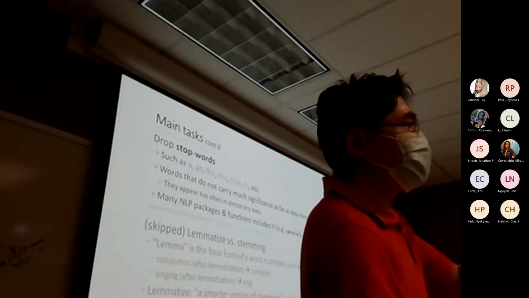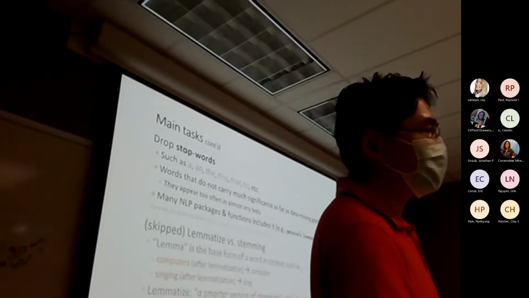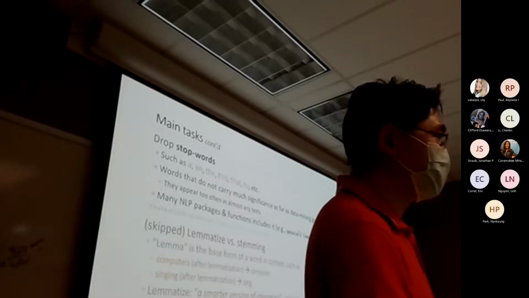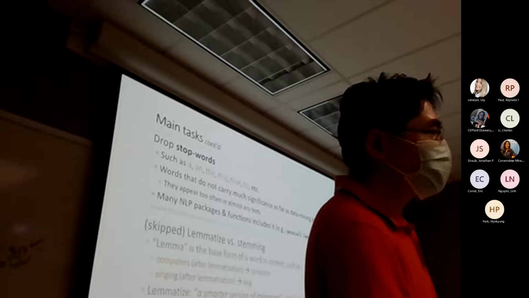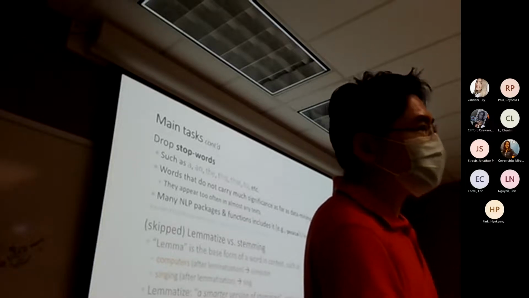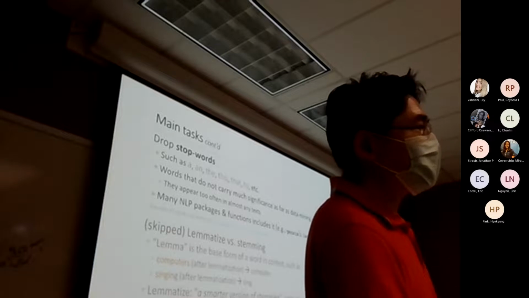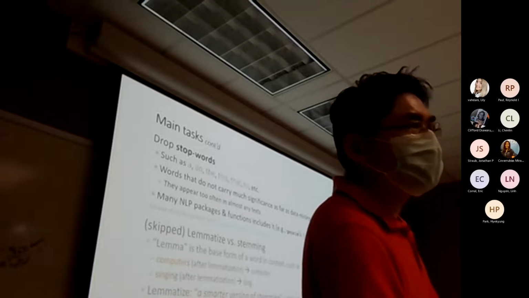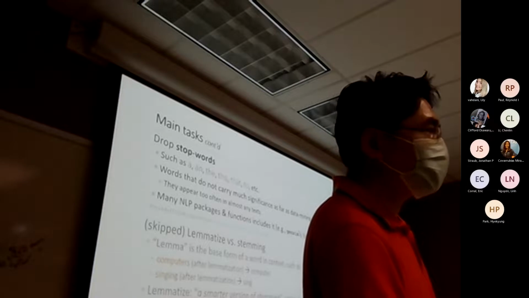You want to convert them to a standardized form and remove the tense because, again, these variations carry a little more information. But for computers, if you don't transform these to the original form, computers think these are two different words, like and liked. They're different, but in fact, they are the same. So maybe better off if you lemmatize.